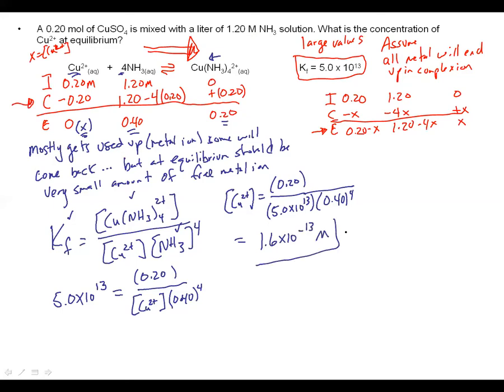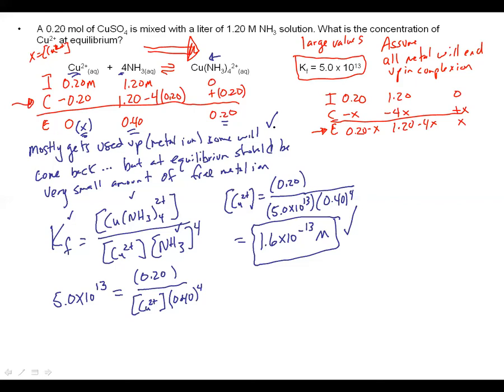molar. And this number is super small, which basically justifies our second assumption, and really our first assumption as well, that pretty much all of that copper 2 ended up in that complex ion. Only like 1.6 times 10 to the minus 13, which is pretty much nothing, is coming back the other way.